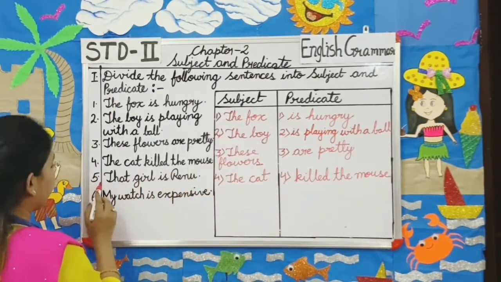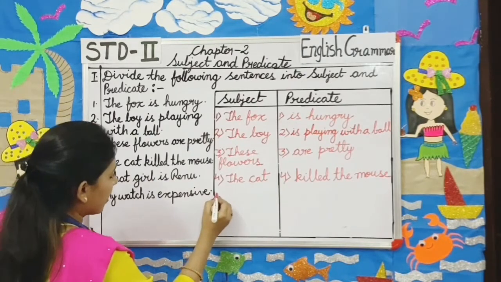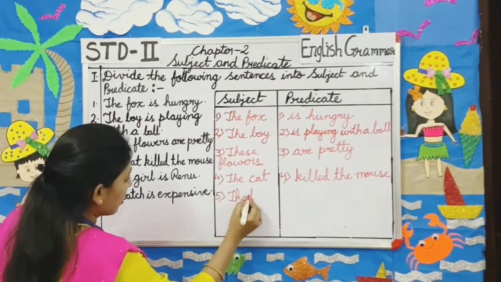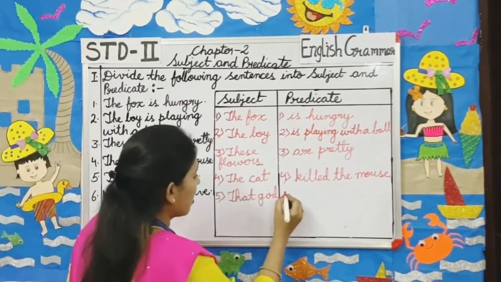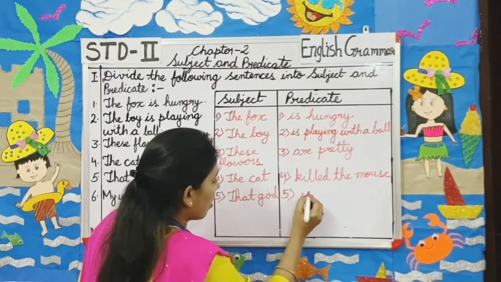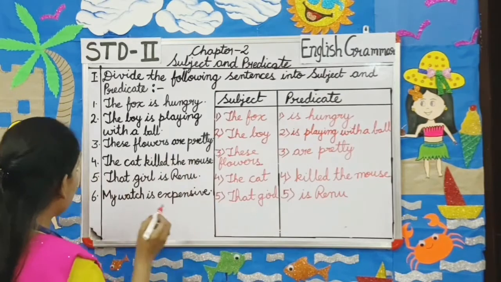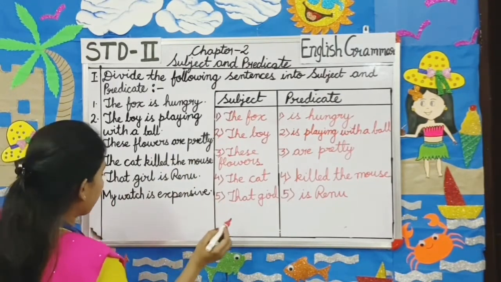Number 5. That girl is Renu. So what is the subject? That girl. And the predicate is Renu. Number 6. My watch is expensive.